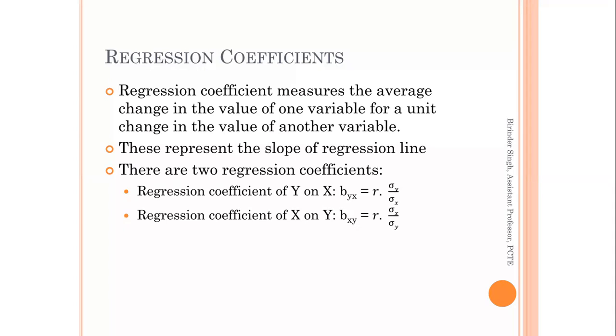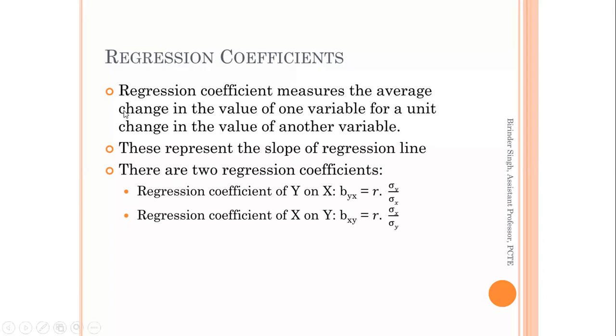This represents the slope of the regression lines. When you use the graphical method, we'll be calculating the slope. Based upon the slope, we can tell the average variation of the values in x on y or y on x. So there are two regression coefficients.